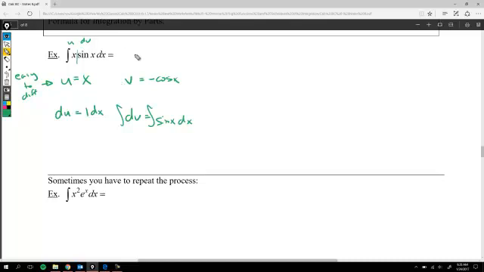First I have to do uv, so negative x cosine of x minus the integral of v du, so negative cosine of x dx. I'm going to bring this negative out and make that a plus. Now you'll notice this integral is doable.